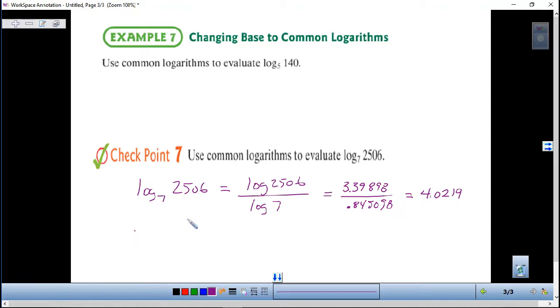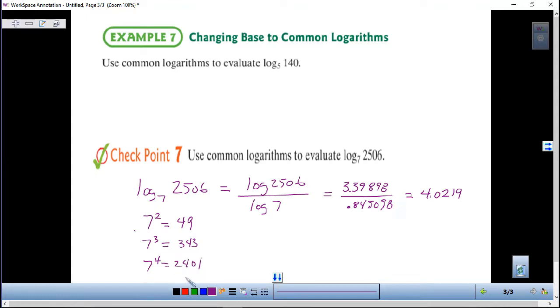Now let's go ahead and see, does this make sense? Well, 7 squared is 49. 7 to the 3rd power is 343. 7 to the 4th power is 2401.